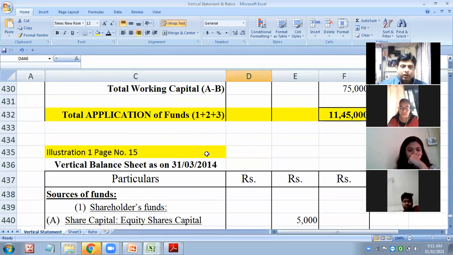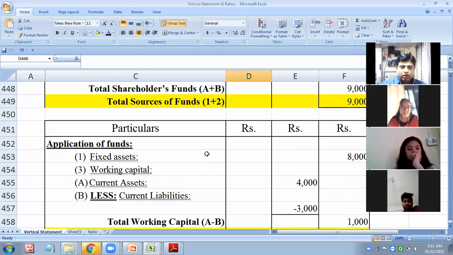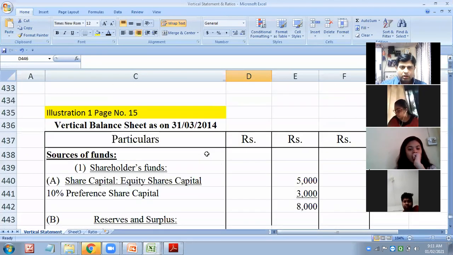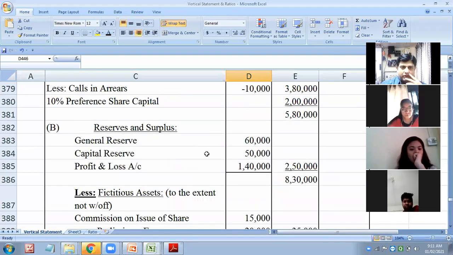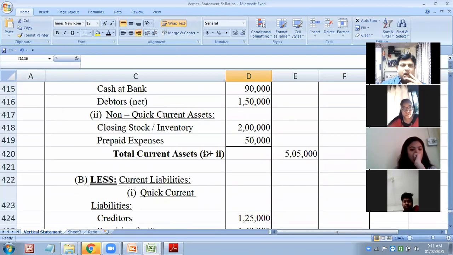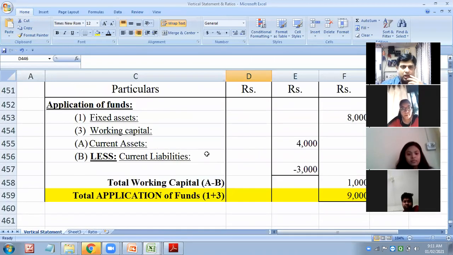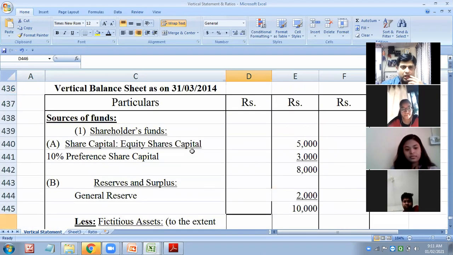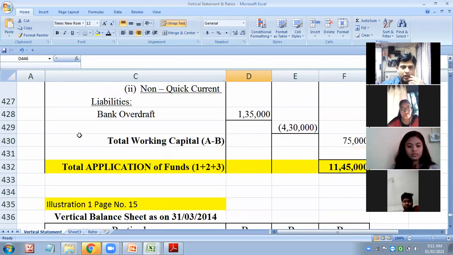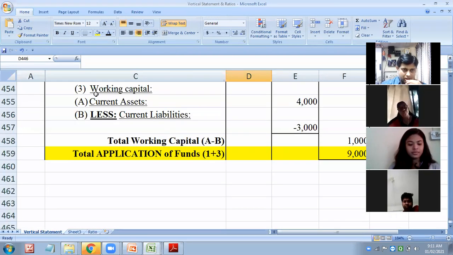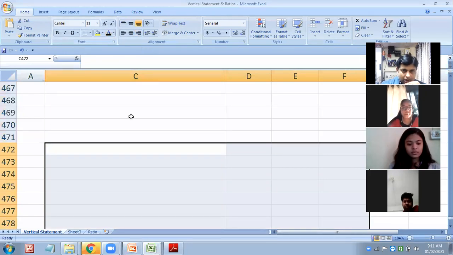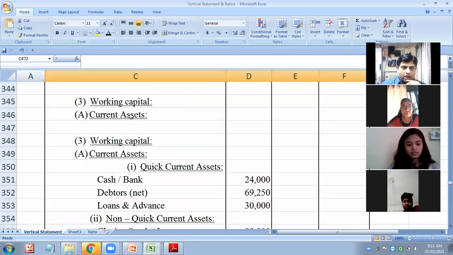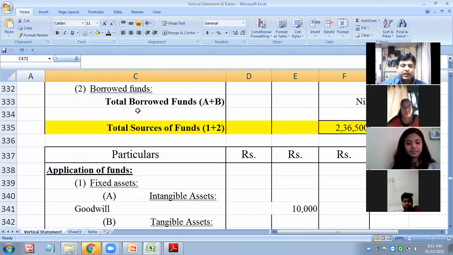So today we'll be learning the common size statement. So what is a common size statement?